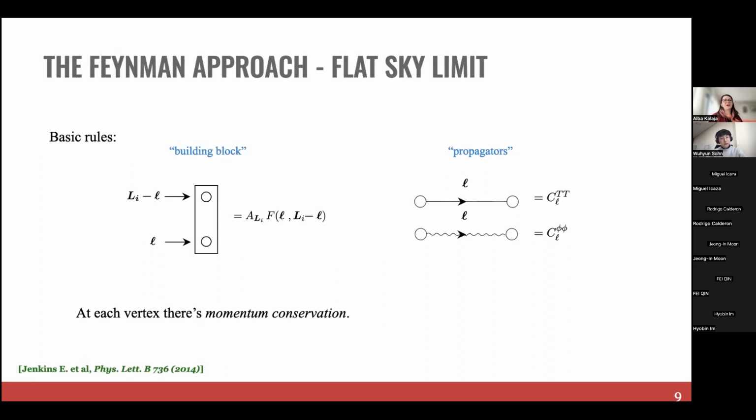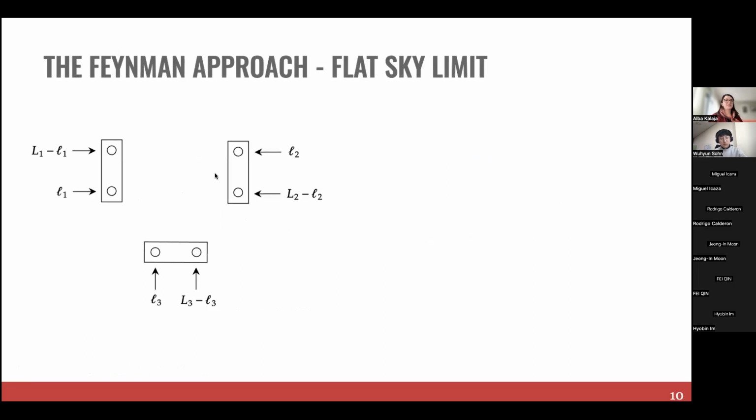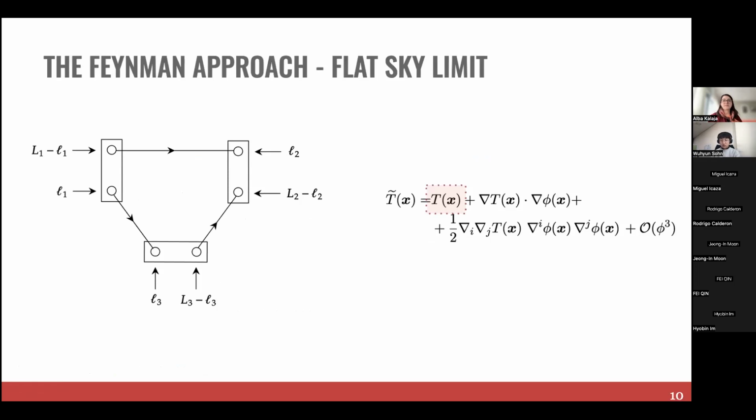We have the bispectrum, so we have a 3-point function. Therefore, we need 3 building blocks, each with their vertices, and so you have 6 vertices that correspond to your 6-point correlation function. Then we take the expansion that I showed you earlier and take the lowest order possible, so we have basically unlensed temperature anisotropies.